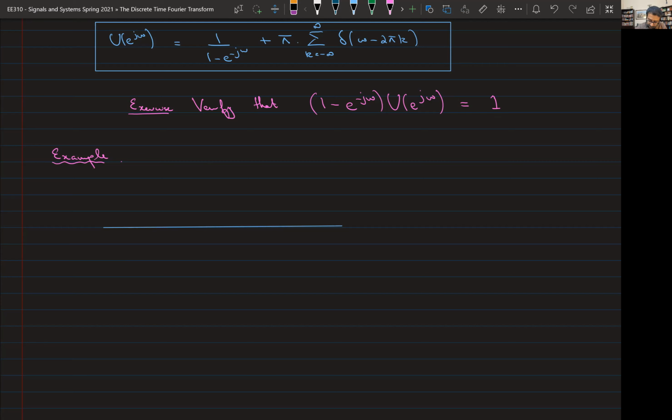So what you're given is x of e raised by j omega, the absolute value of some Fourier transform. This is what it looks like. This is minus pi, and this is pi, and this is 0.